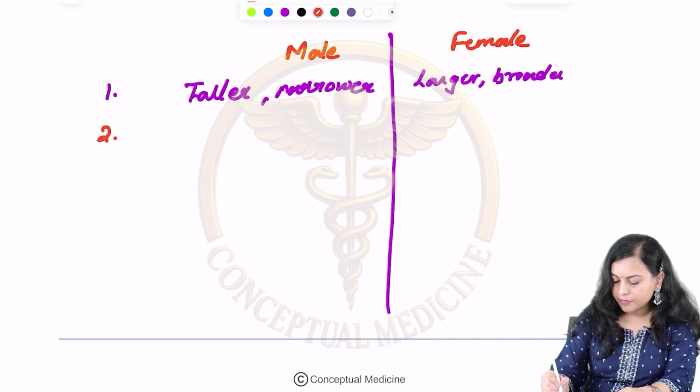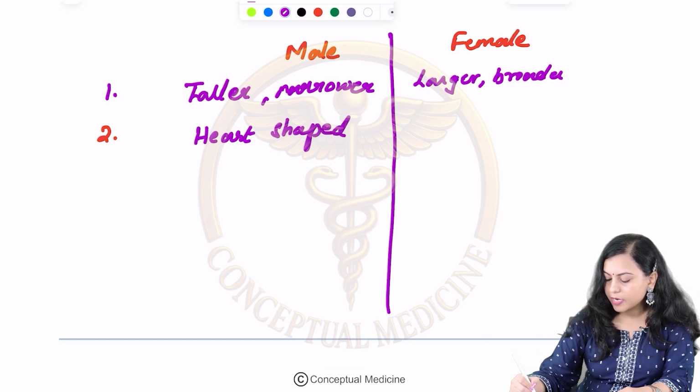Generally, male pelvis is having a heart-shaped inlet, whereas in the female pelvis, it is oval or round inlet.